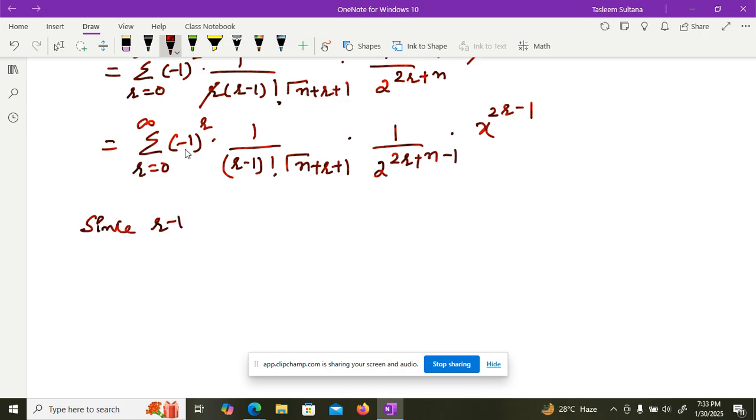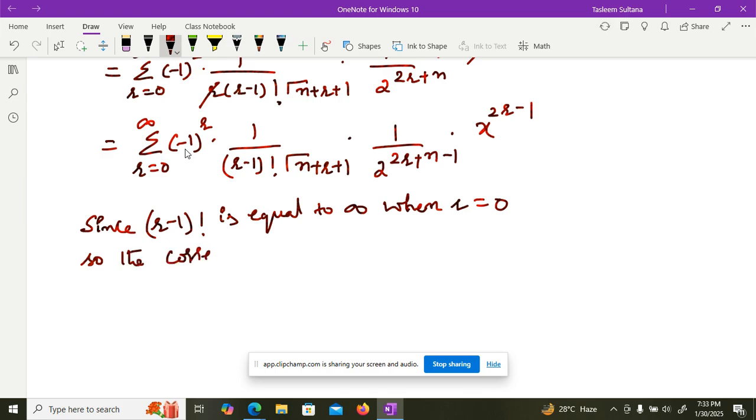Since r minus 1 factorial is equal to infinity when r is equals to 0, the corresponding term for r is equals to 0 vanishes.